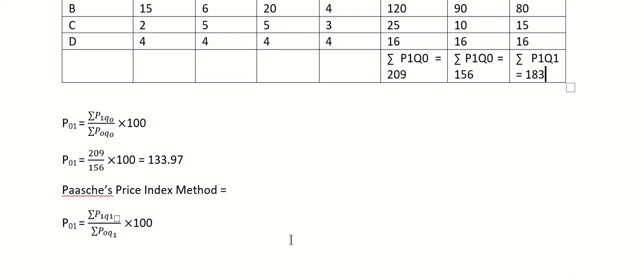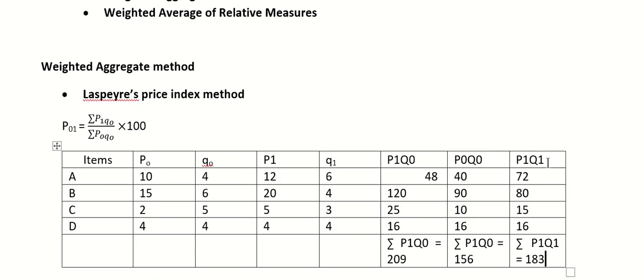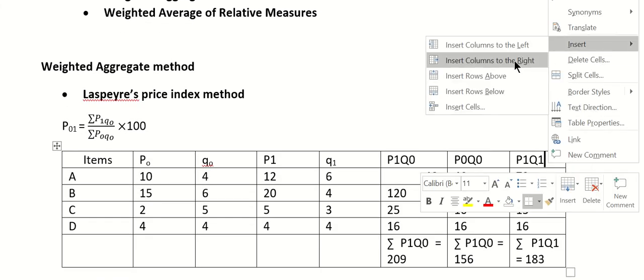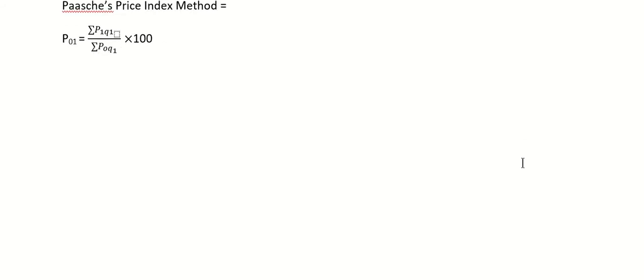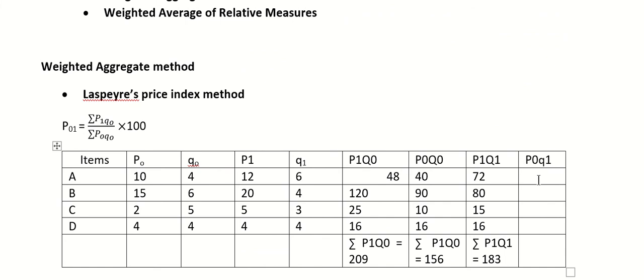Now next we have to calculate P naught into Q1. So P naught Q1, this P naught and Q1. So 10 into 6, 60.